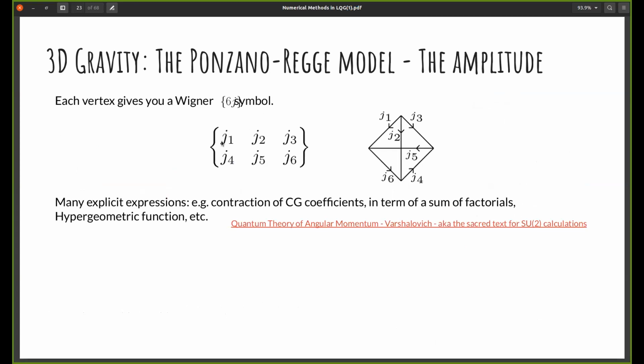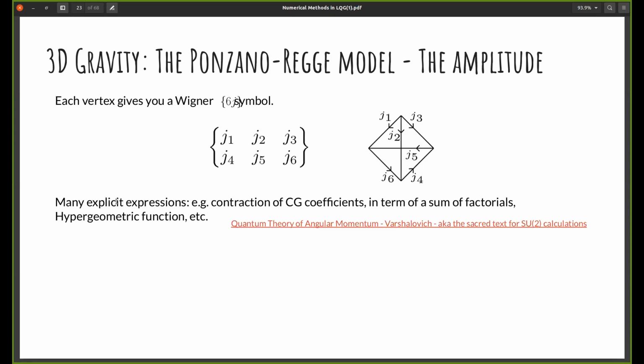This is another SU(2) invariant that graphically is usually represented this way. So it's just four 3J symbols contracted together. Or usually you find it written in this way with just one symbol with these brackets and the six spins involved.